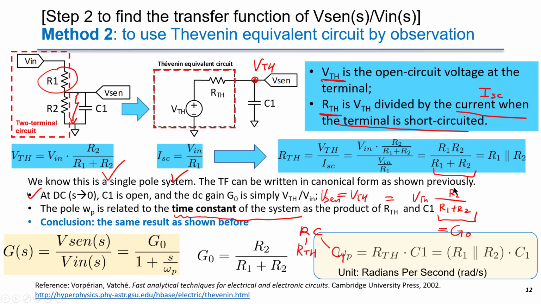The DC gain has been found as R2 over R1 plus R2, and omega p is the pole location, which equals 1 over RTH times C1. Finally, we got R1 in parallel with R2 times C1. So this is exactly the same result as we found before. So by using the Thevenin equivalent circuit, we can just find the result by observation without the algebra.